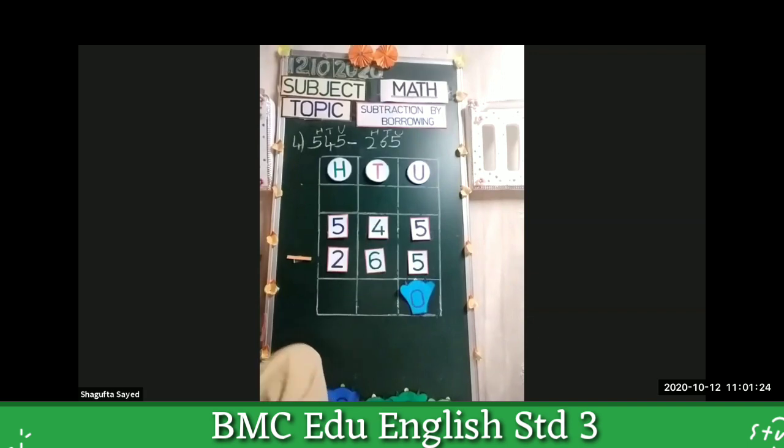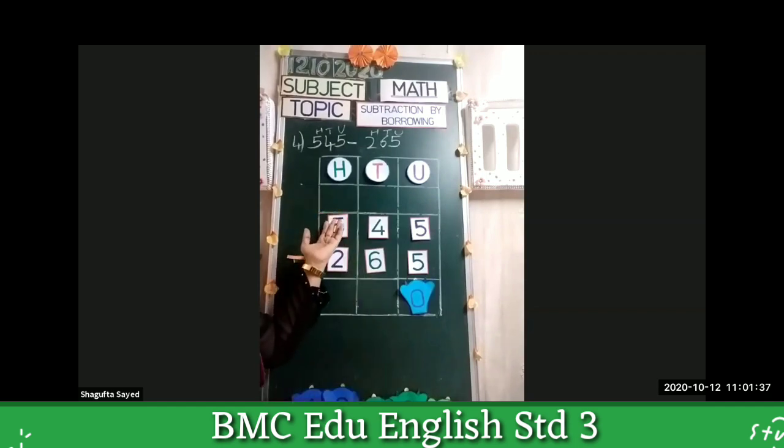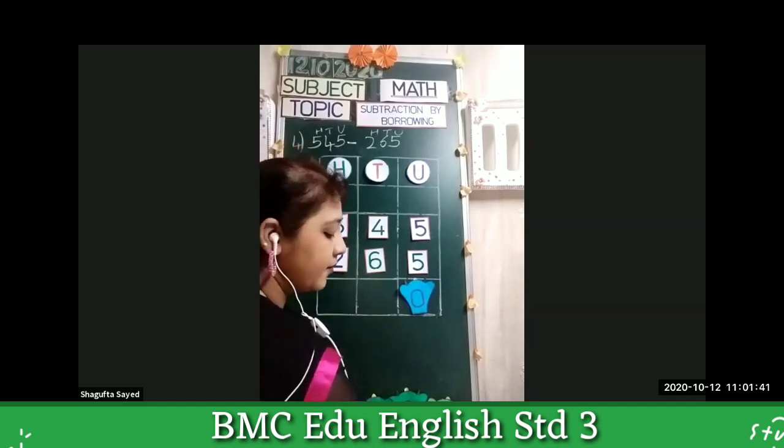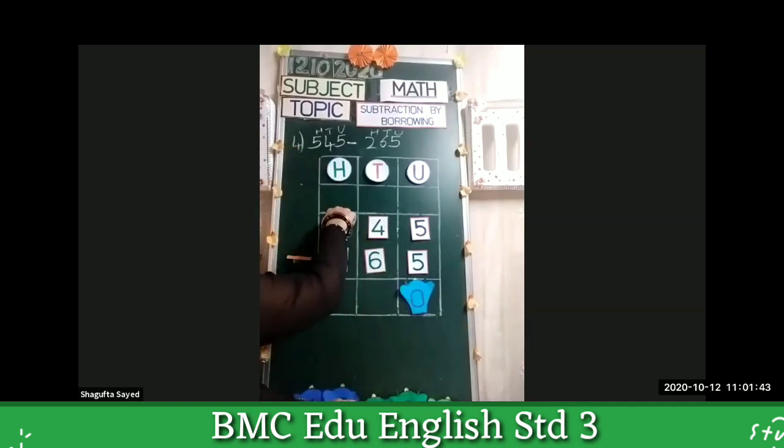Now tell me, can we minus 6 from 4? No. So what do we have to do? We have to borrow from our hundred friend. Now, how can we borrow from our hundred friend? We are going to cut this 5.